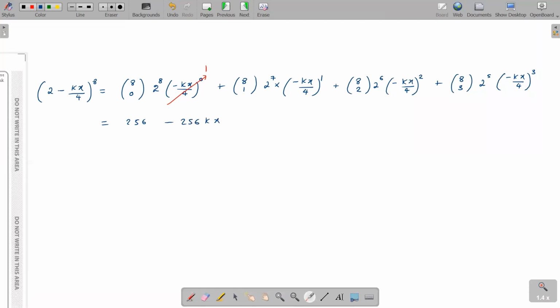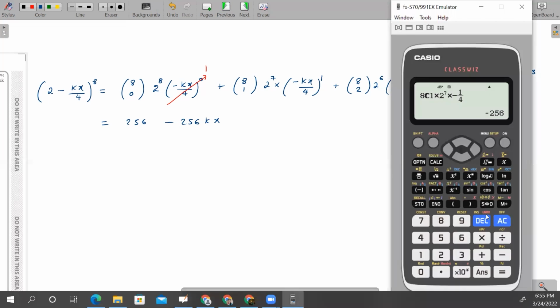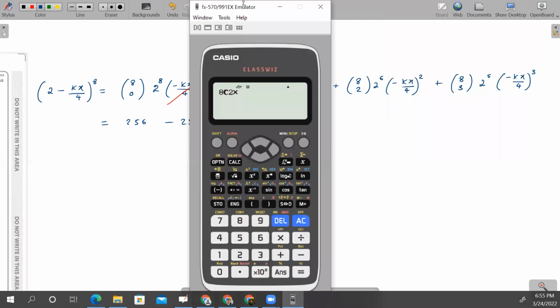So the next one, take the calculator. We'll go with 8c2 times 2 to the power 6 times... So here be careful. I gave a bracket here because it's minus 1 over 4, and this time there's a square.